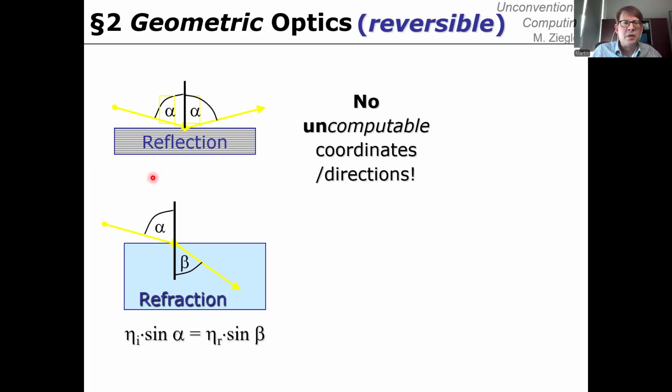Snell's law says the relation between the sine of alpha and the sine of beta is given by the refraction indices of the air and of the medium, the incoming refraction index and the outgoing refraction index. That's Snell's law. And you know all this, at least qualitatively, maybe not quantitatively.